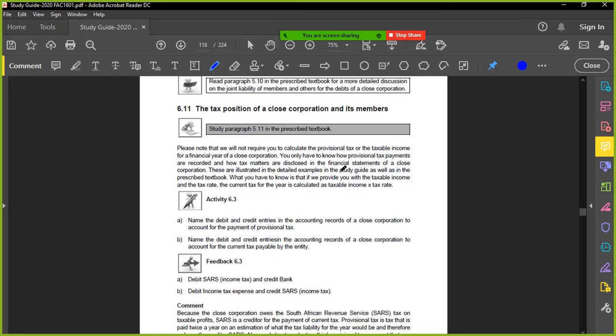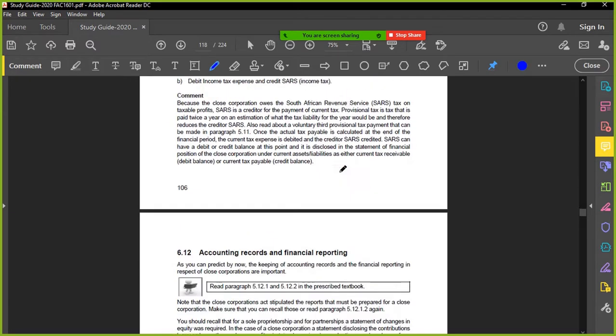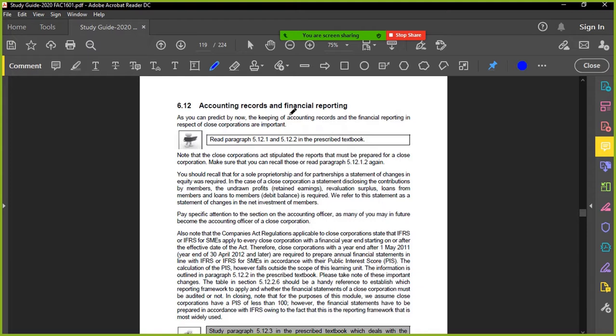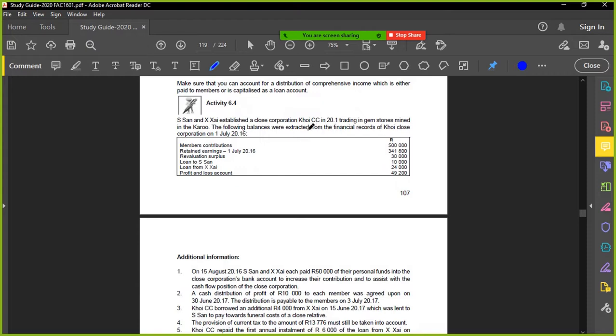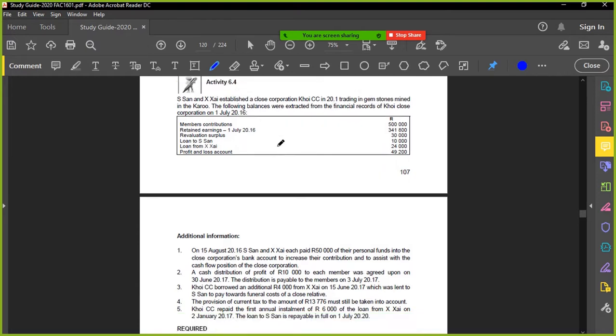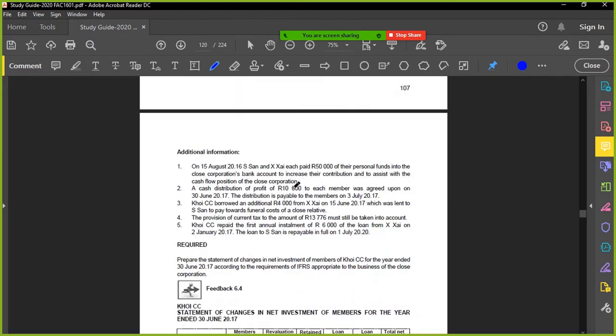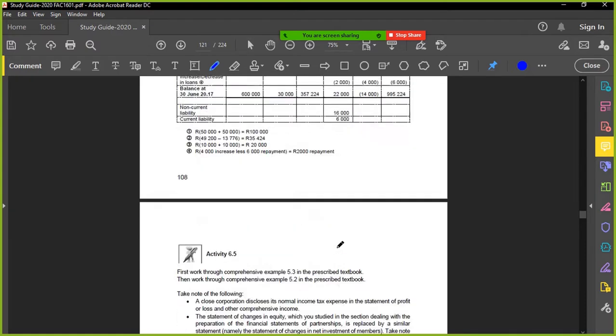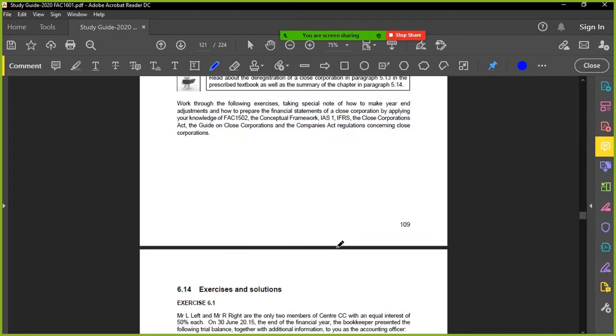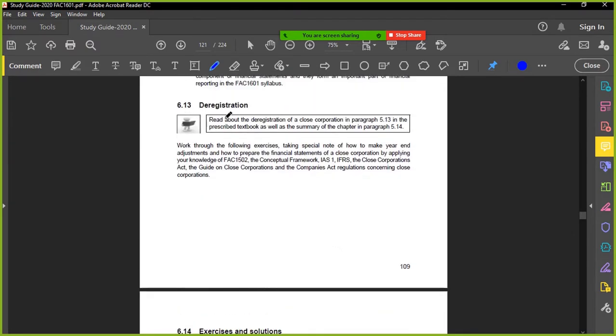Tax we looked at last week. Here's the financial reporting. That's the disclosure. There's an example here, activity 4.6. This is just looking at disclosure. This we'll see in a longer question. They're talking about a deregistration.